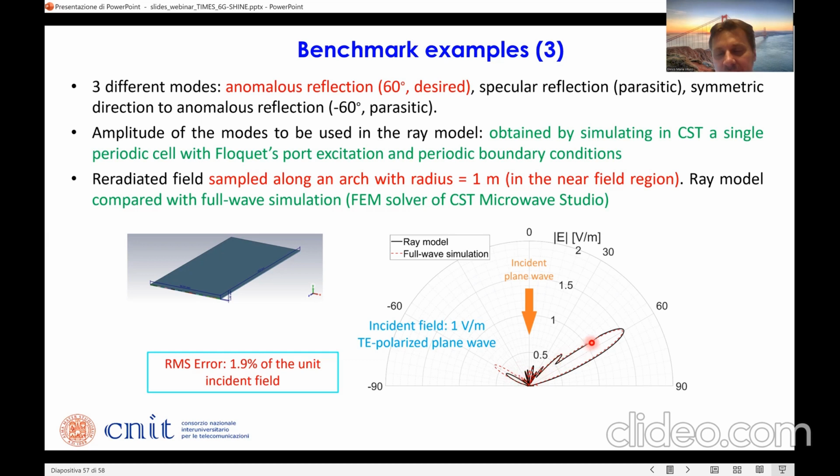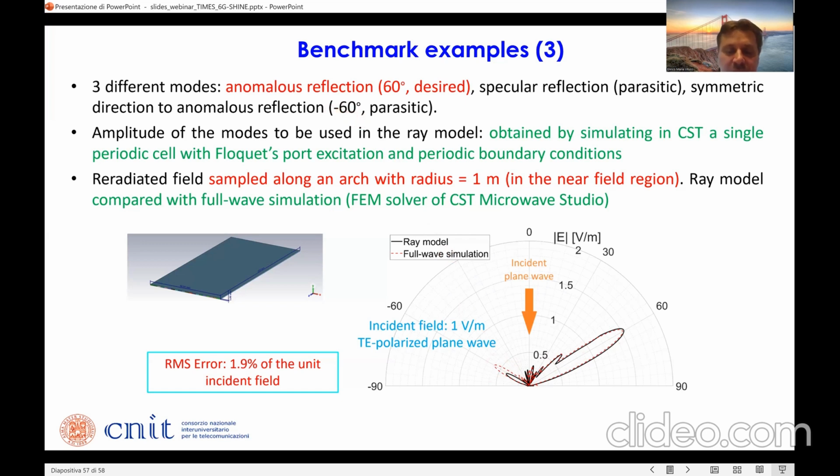And the result is shown in this plot. You can see again that the agreement between the proposed macroscopic ray model and the full wave simulation is really very good, except a small deviation we have in this case for the radiation mode at -60.